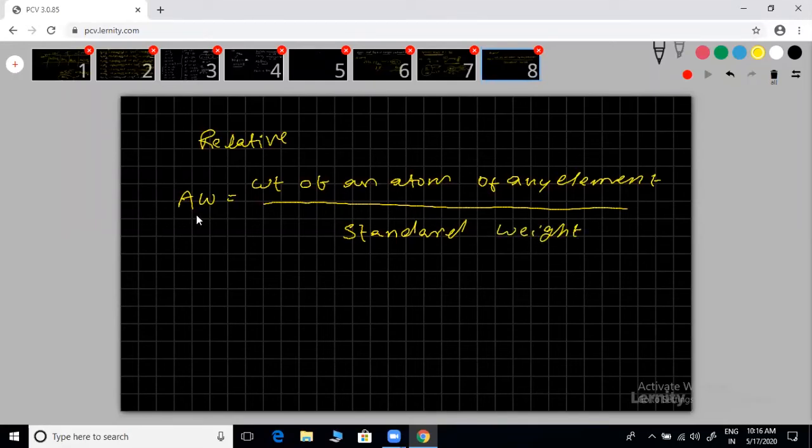Clear? By standard weight. This is the relative atomic mass, where I compare.